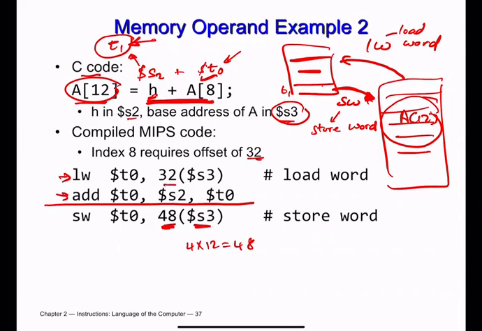I load the word A[8], which was 32 away from my base address, into T0. Now it is here at T0. Please add this to h, which is in S2.